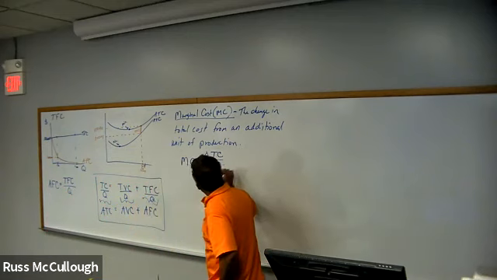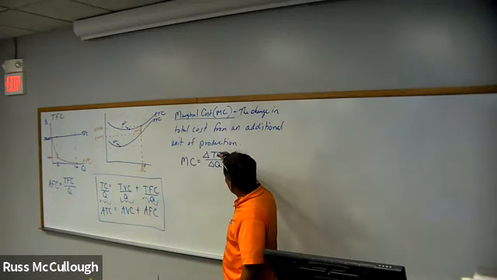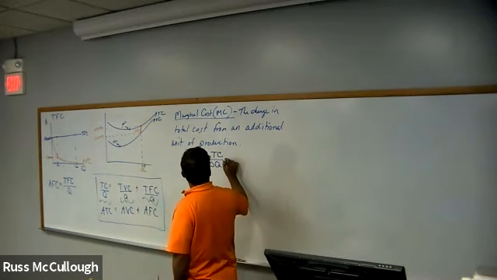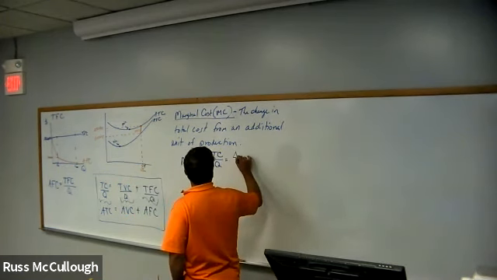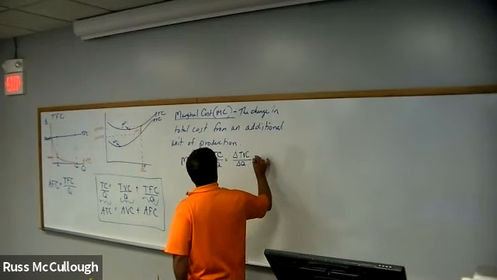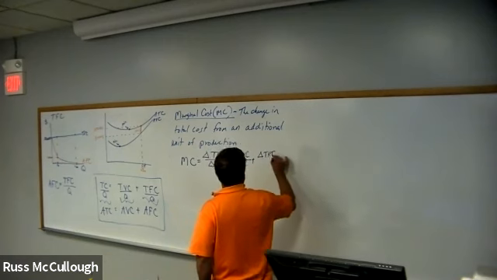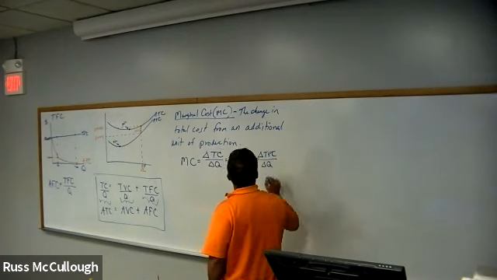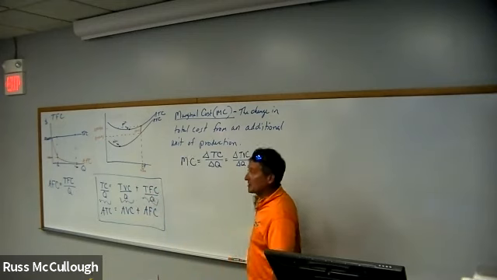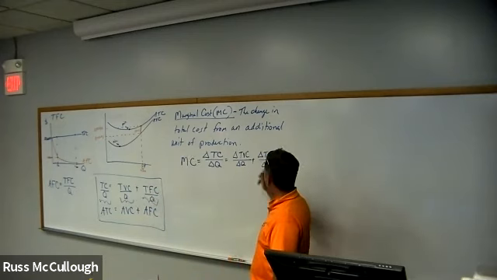So if we think about this equation using what we did down here, I can do a little bit of math here. So it's the change in total variable cost divided by the change in quantity, plus the change in total fixed cost divided by the change in quantity. Right? So I took this equation and distributed my little triangles across the expression.